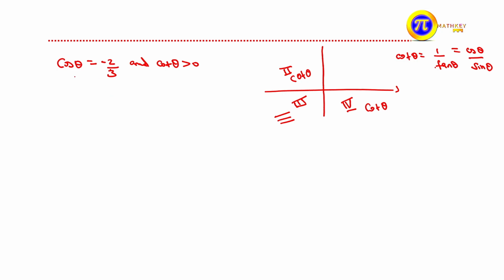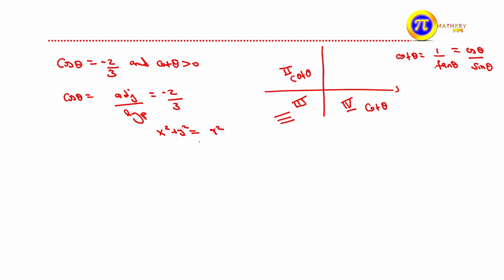From this, which one of the following is true? Cos theta is equal to adjacent over hypotenuse. The adjacent is -2, and the hypotenuse is 3, because the hypotenuse, the square root of x squared plus y squared, is always positive. Let x squared plus y squared equal r squared.